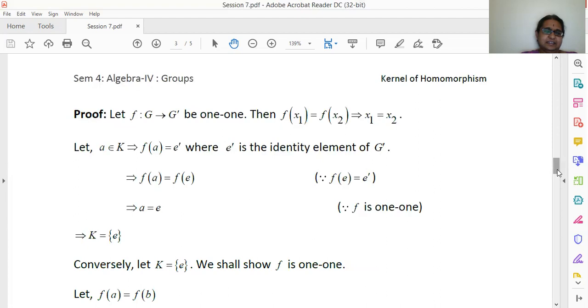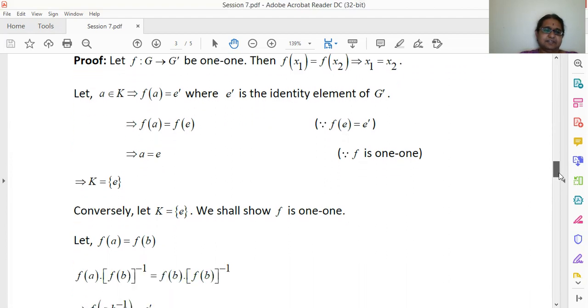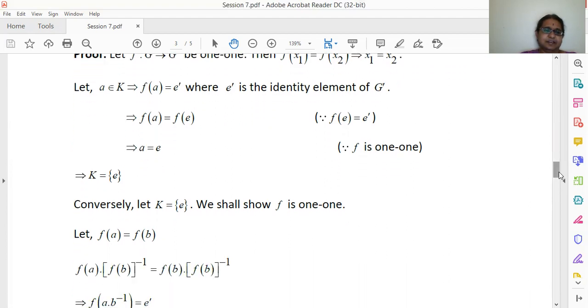Conversely, let this kernel K be equal to the set of all e, that is, the kernel consists of only the element e. Then we have to show that f is 1 to 1. So let f of a be equal to f of b. Now post multiply by f of b inverse on both sides.